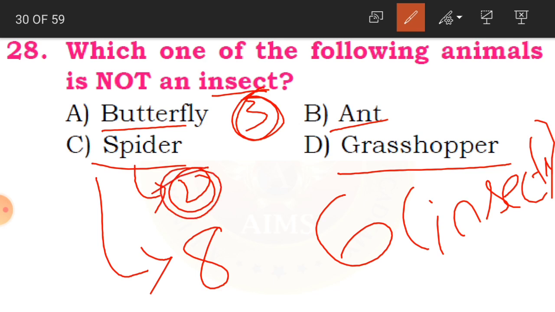That we will learn in our further classes. But for your easy understanding, I would like to say that insects have 6 legs, whereas spider has got 8 legs. So that is why this spider doesn't come under the insect group. Clear, children?